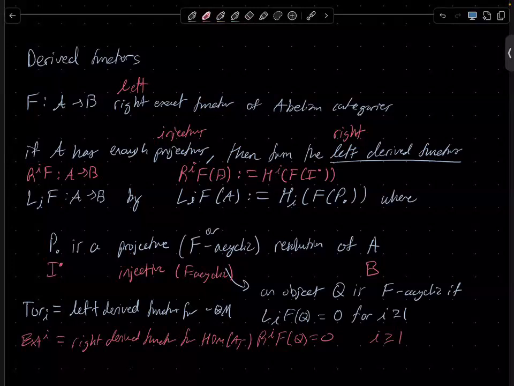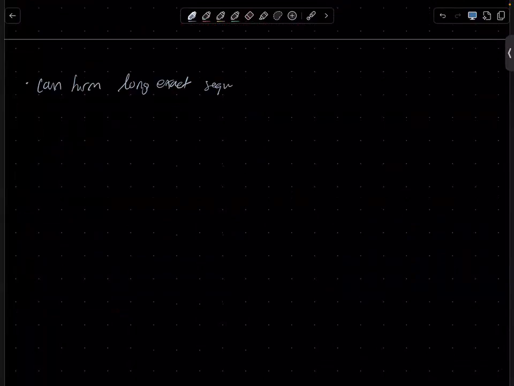And so these derived functors enjoy many of the same properties that we saw before. You can form long exact sequences, just like for Ext or Tor.